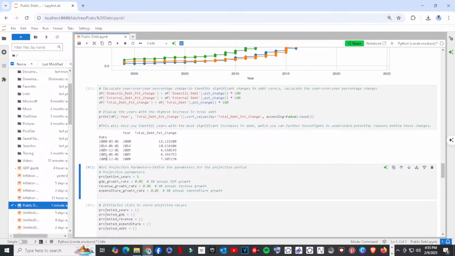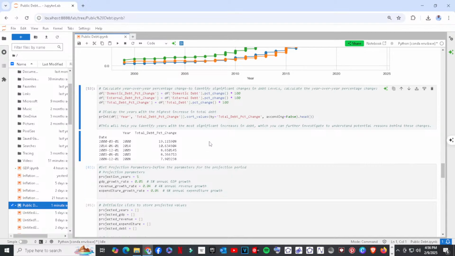Then 2003 again was high, about 8.366753%. Then 2008 was 7.903290%.